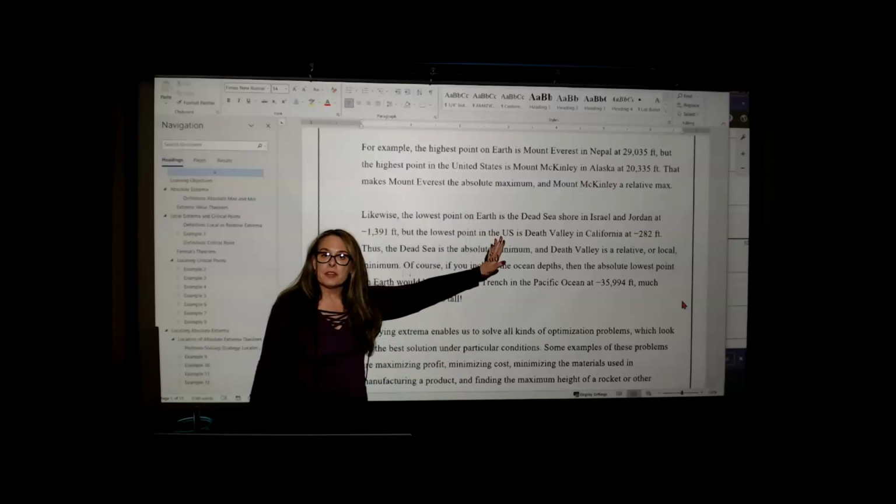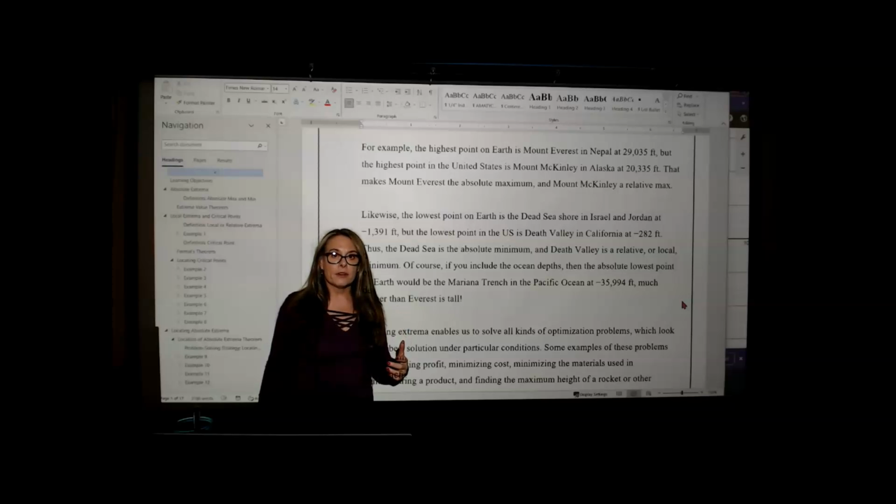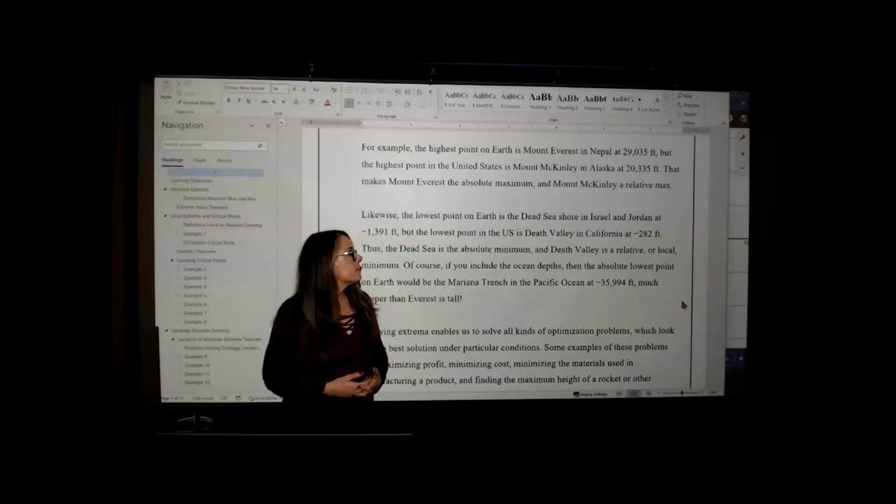Mount Everest is an absolute maximum on Earth. There is no place on Earth that is higher than the top of Mount Everest. Mount McKinley, however, is a relative maximum on Earth. It is certainly taller than the ones around it, but it is not the highest on Earth, so we call it a relative or local maximum.